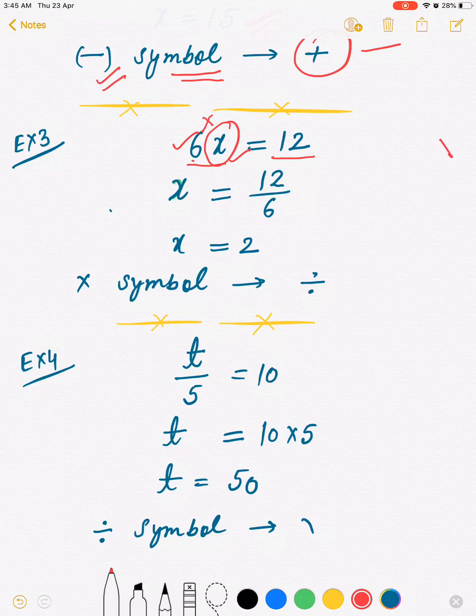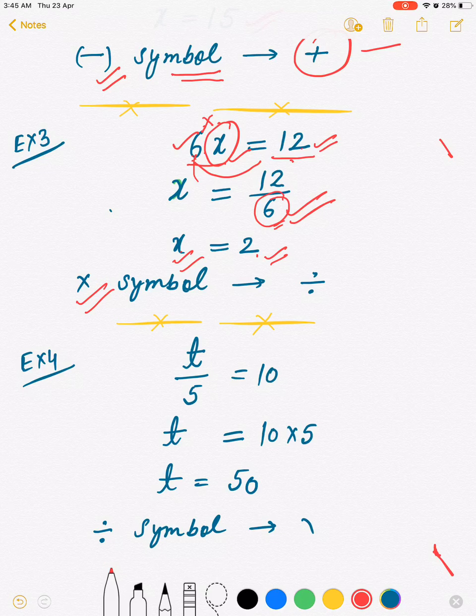So when this 6 goes to the right hand side, it will go in division because it was in multiplication. 12 upon 6, and the x value will be 2.